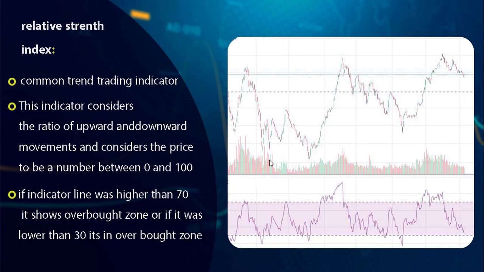This indicator considers the ratio between the power of upward and downward movements, and shows us a number between 0 and 100.